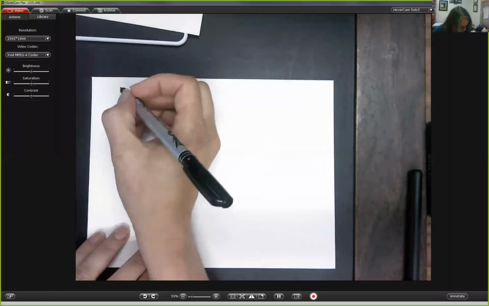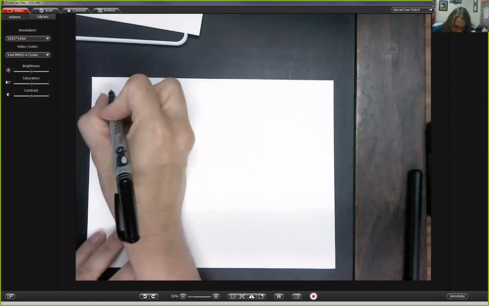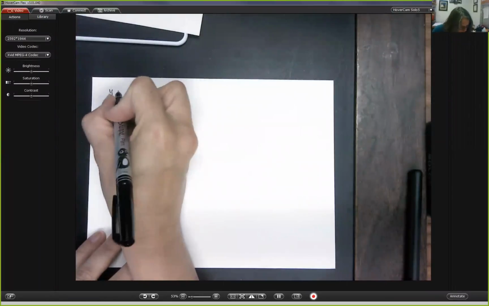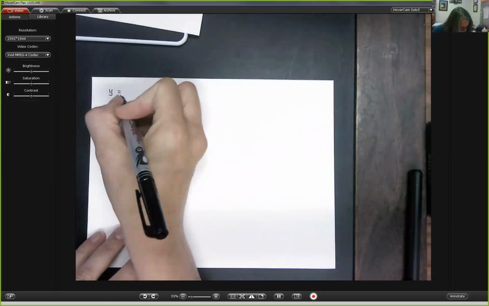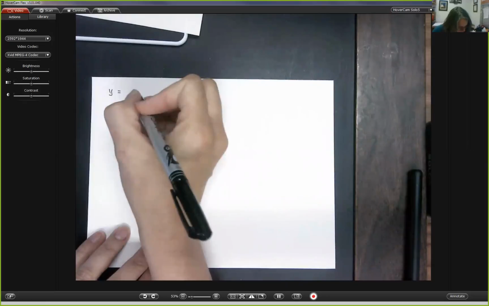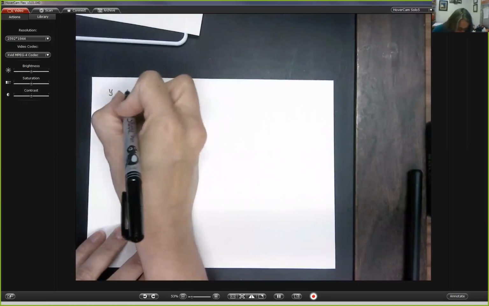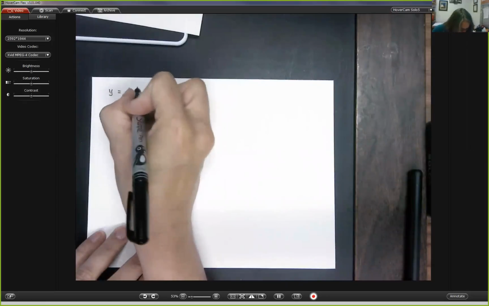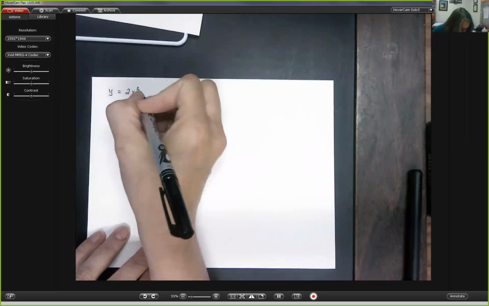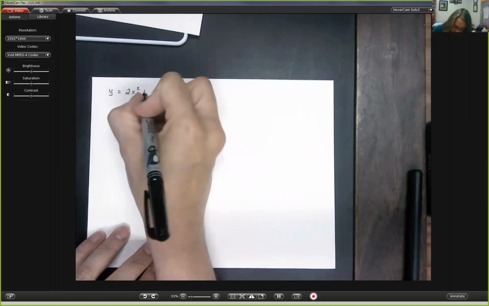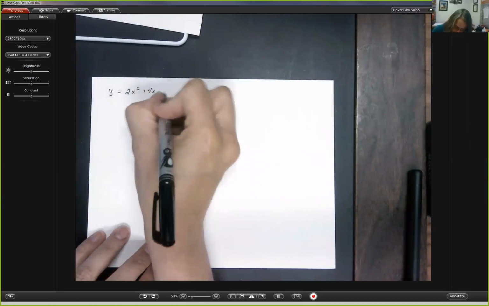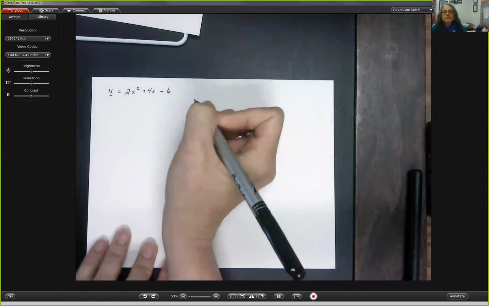Let's start with something that looks like y equals 2x squared plus 4x minus 6.